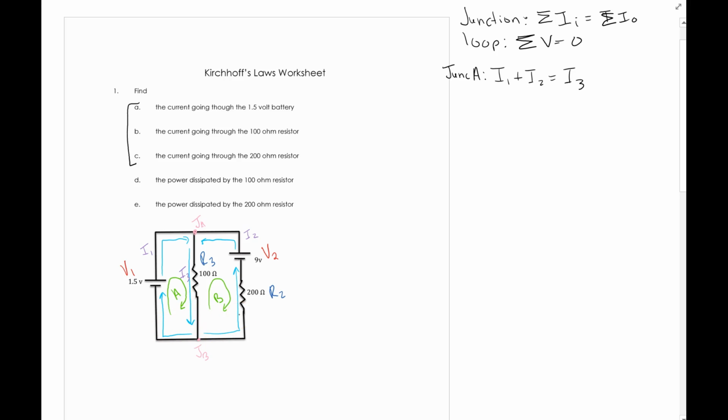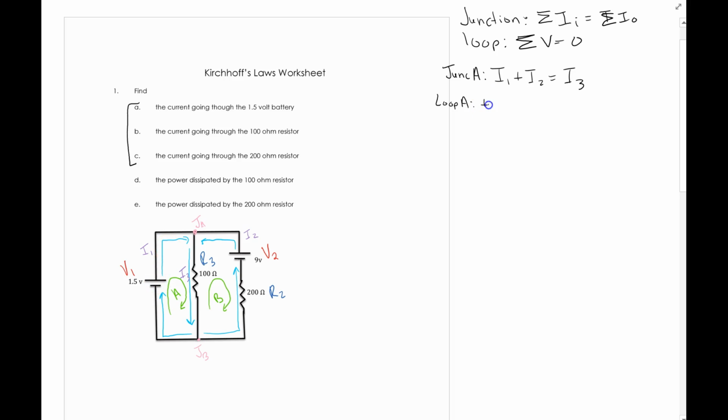So now we're ready to go ahead and start applying the loop rule. So we're going to start with loop A. When we look at loop A, I'm going to go ahead and start with my battery and then go around. When I start from my battery, if I'm going from my negative terminal to my positive terminal, then this is a positive voltage.